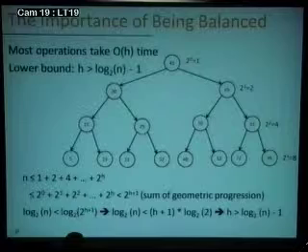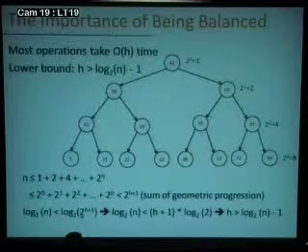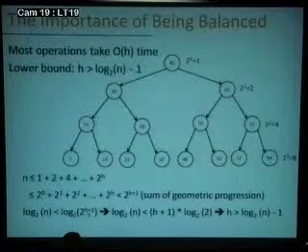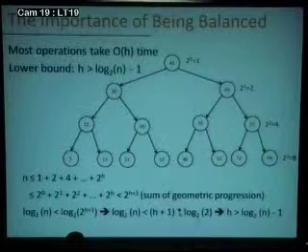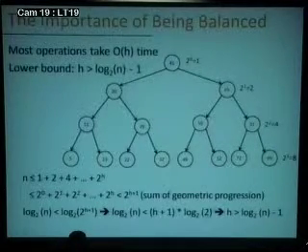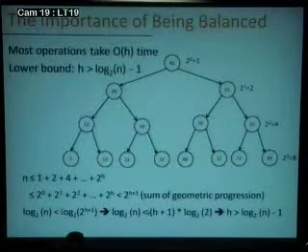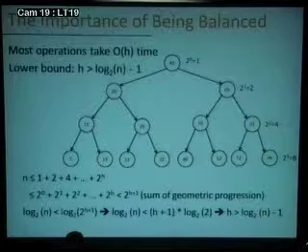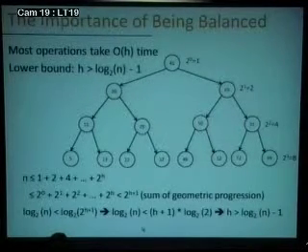I put log 2 on both sides, I get this. Now look at this. Log 2 of 2 to the power h plus 1, the power h plus 1 can go down. So it becomes h plus 1 times log 2 of 2. Log 2 of 2 is 1. Right? They just cancel each other. Okay? So it means that log 2 of n is less than h plus 1. In other words, h will be greater than log 2 n minus 1.